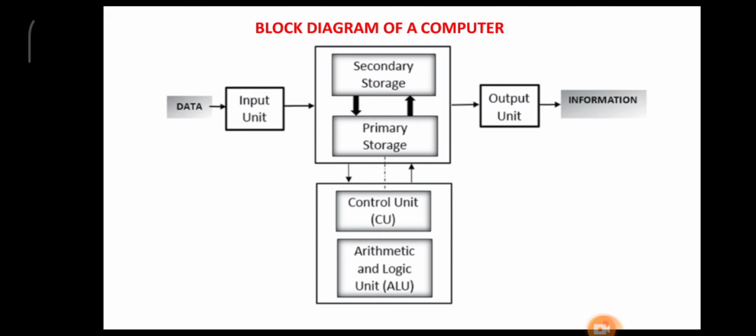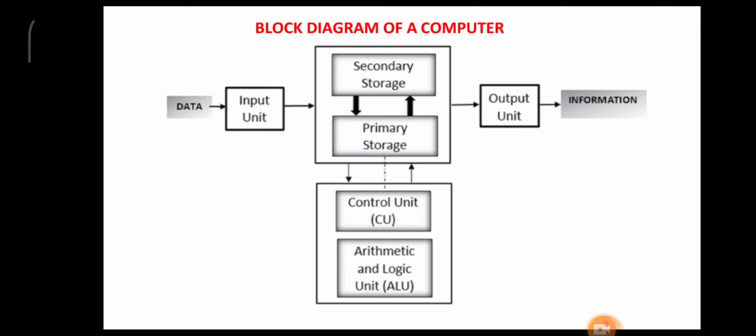So 2 plus 3 is calculated, which is equal to 5, and immediately the result will be sent back to the primary storage, which is RAM, and quickly it will move to the output unit, which is the monitor, and finally the result is displayed on the monitor.